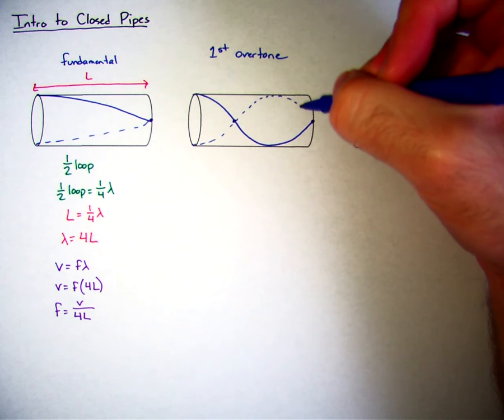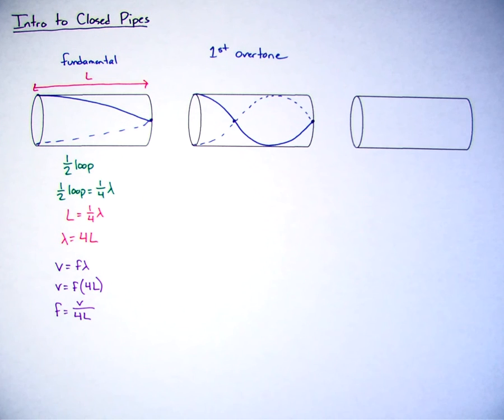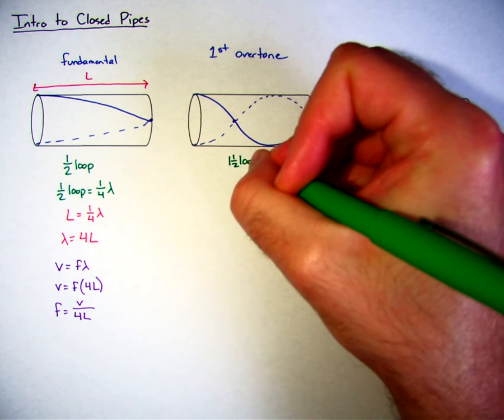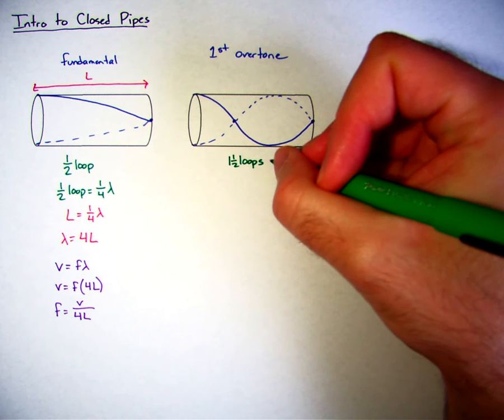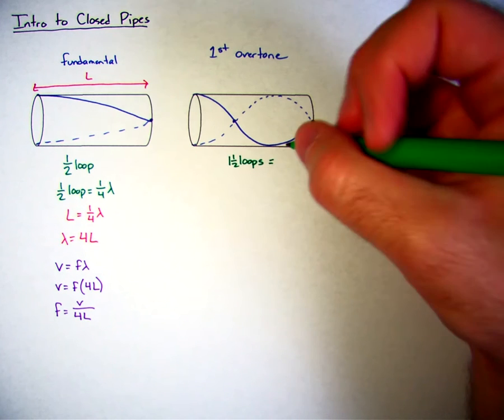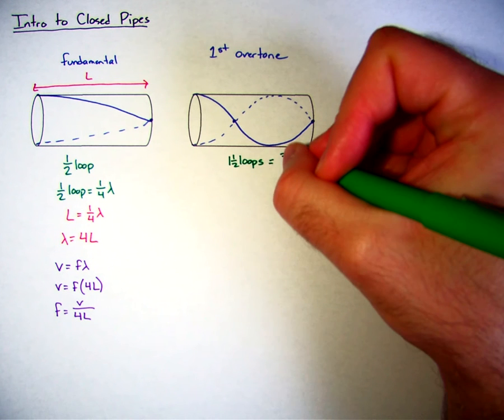And the only way I can actually do that is to create a wave where you have not a full loop. It's not possible to create one full loop in here, but I actually have to create 1.5 loops. So 1.5 loops is equal to not 1/4 of a wavelength, but actually 3/4 of a wavelength.